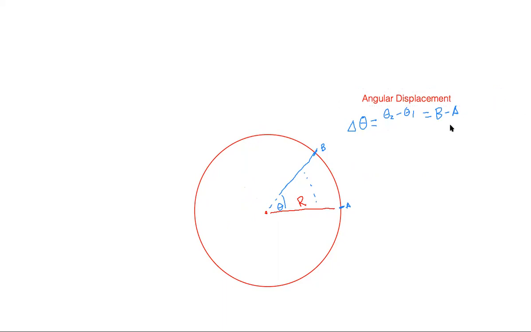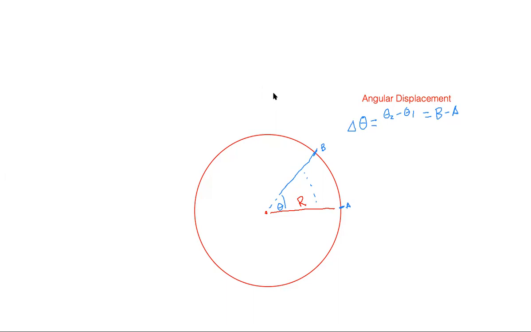Just like linear displacement is x2 minus x1 or delta x, for example, or delta y, angular displacement is delta theta. How much did my theta change from the start to the end? Angular distance would just be the total journey. If I go back and forth and then around and then back and forth, I'd have to keep track of all of those moves, and that would be my angular distance. But in this case, I have angular displacement.